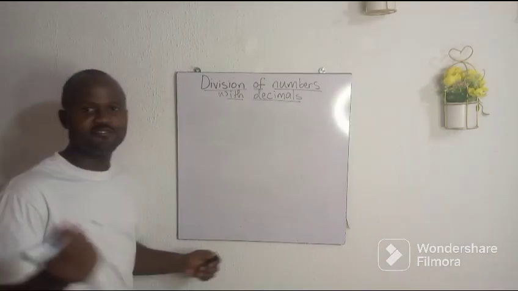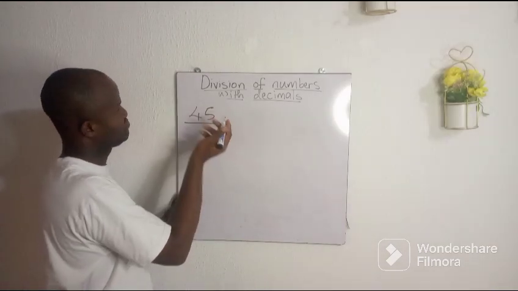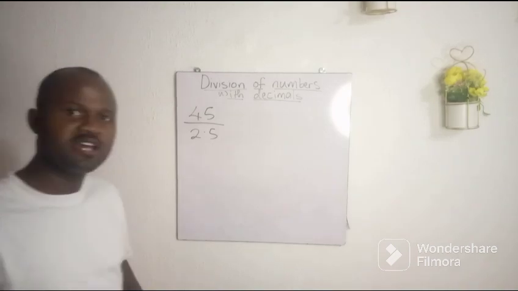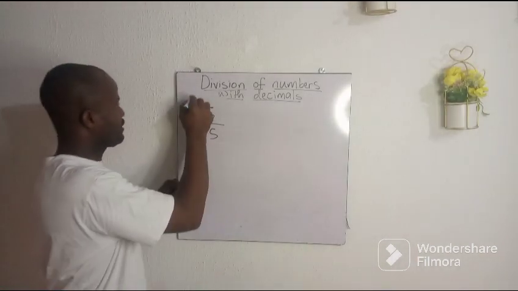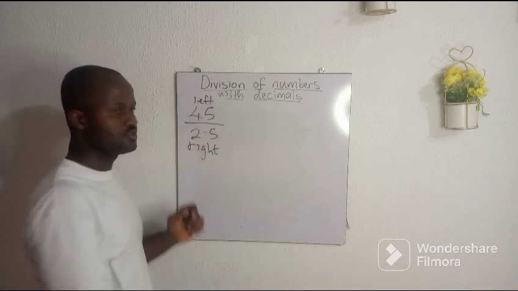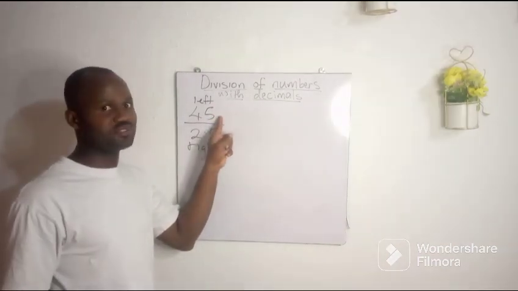So let's take this very interesting example, 45 divided by, let's say, 2.5. 45 divided by 2.5. Okay, we write left here and we put right here. So we ask ourselves, how many decimal places can you find in 45?